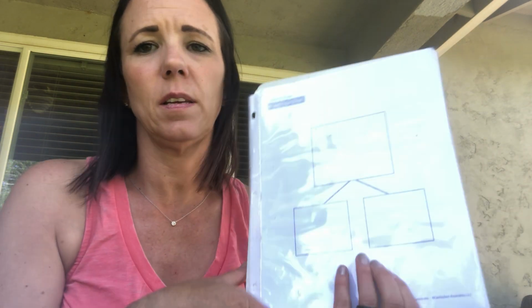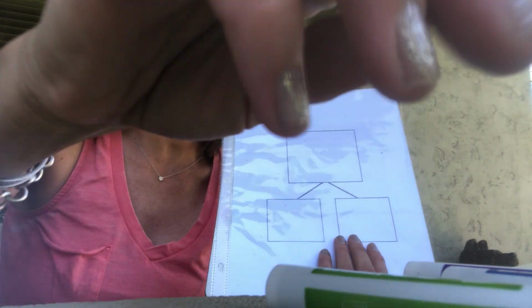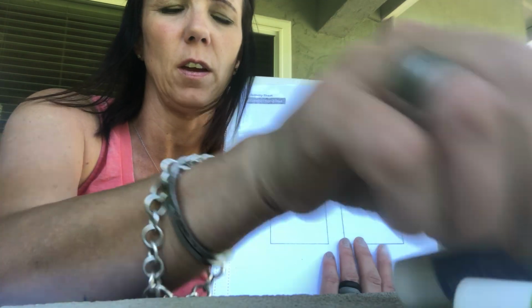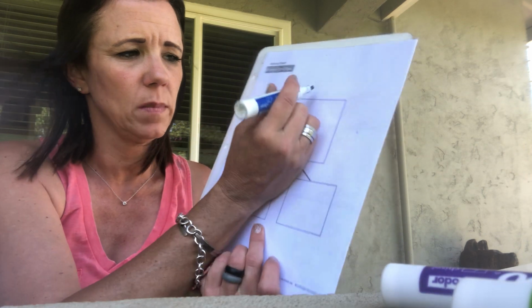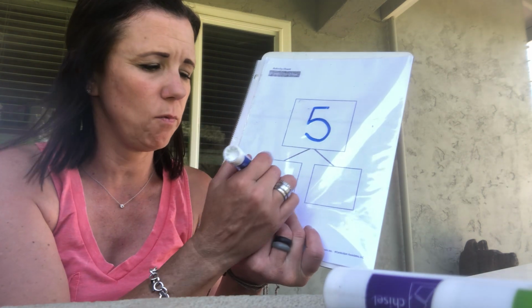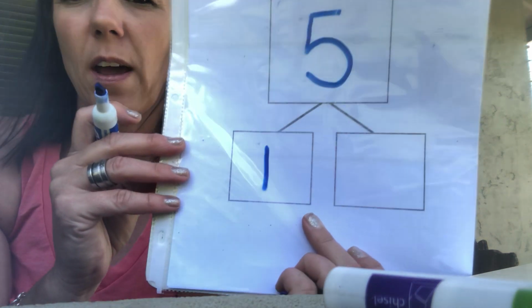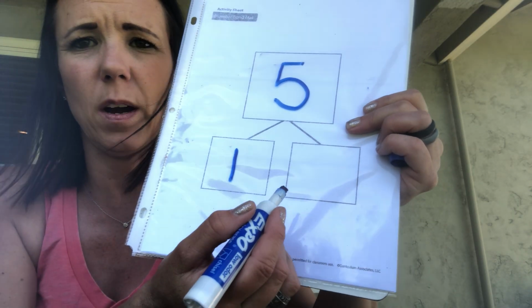Okay, so let's put it in terms of a number bond. So when you are subtracting, decomposing, we did this last week, so I'm just gonna do it quickly here, quick little review for you. When you are subtracting, you have your whole. Okay, so if I had 5 as my whole, and you always have one part. So if I had 5 as my whole, and I knew one part was 1, I'm looking for the other part, right?